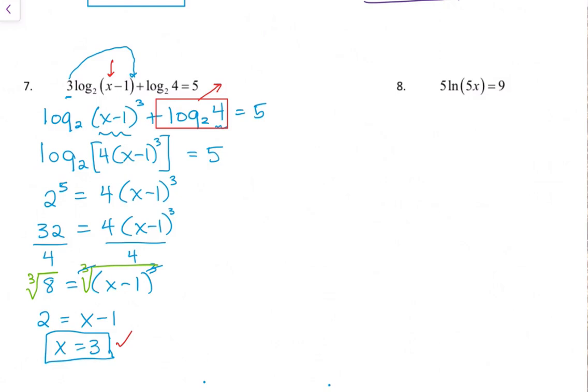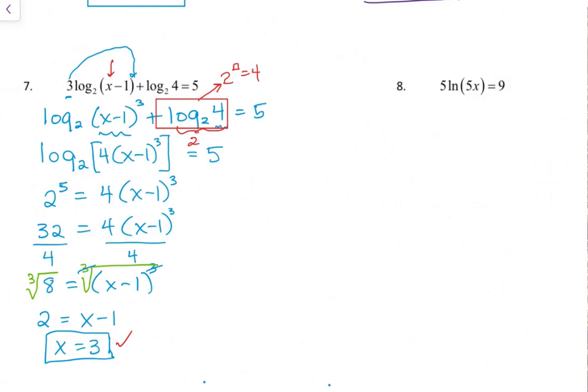It's asking, what do you raise the base to get the argument? So what do I raise 2 to get 4? And of course, that answer is 2. So this right here is equivalent to 2.